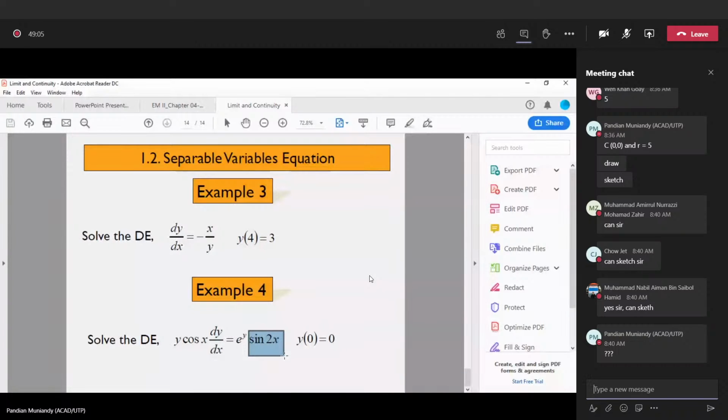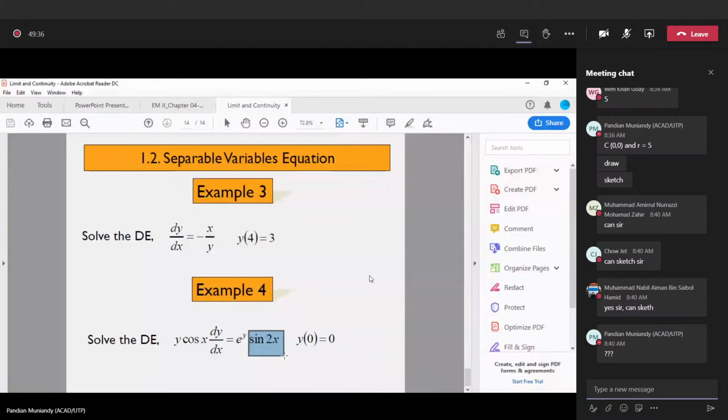This one involves integration by parts. You use the formula integration of u dv equals uv minus integration of v du. So you take u as y and dv as e^(-y) dy.